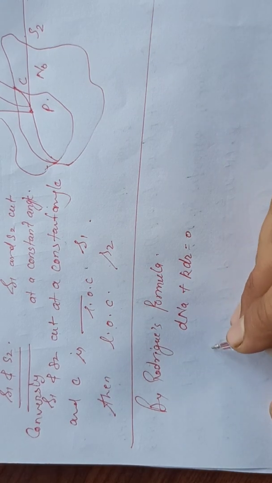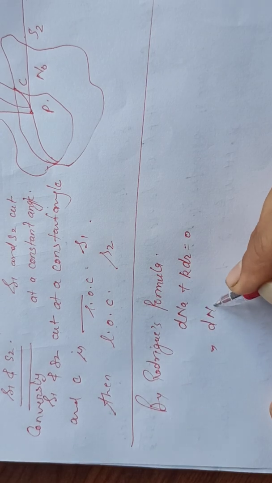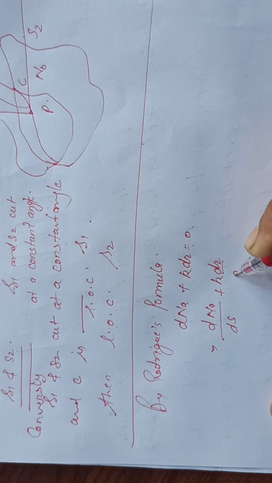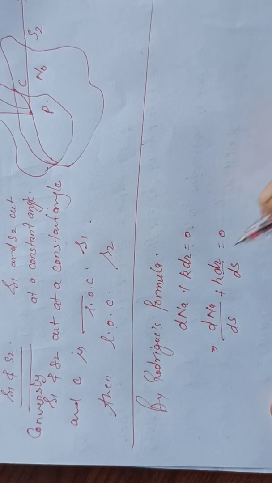Or we can say dNA by ds plus k dr by ds is equal to 0.